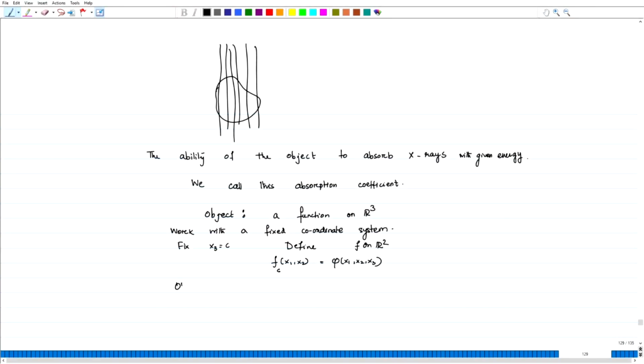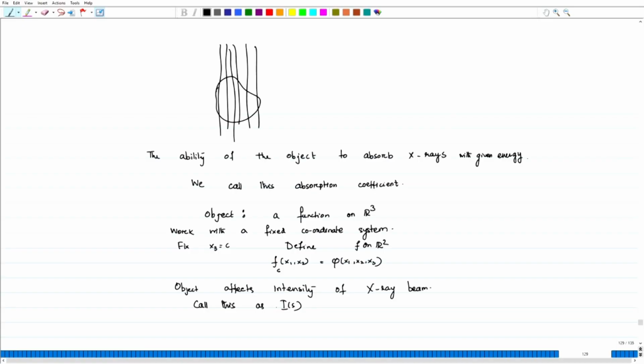So, now what are the rules we must follow? The object affects the intensity of the X-ray beam. Let us call this I(s), where s is the arc length along the line through which the X-ray beam is passing.